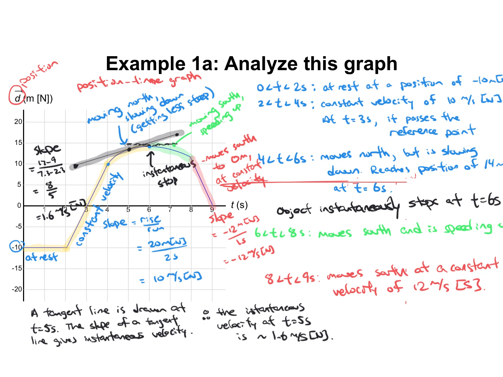All right, so those are the main things you should have learned about a position time graph from last year. Basically how to tell if the object is at rest, moving north versus south, moving at a constant velocity versus slowing down versus speeding up. And also that by calculating slopes, you can get the numbers for the velocity. And so that's a lot there.